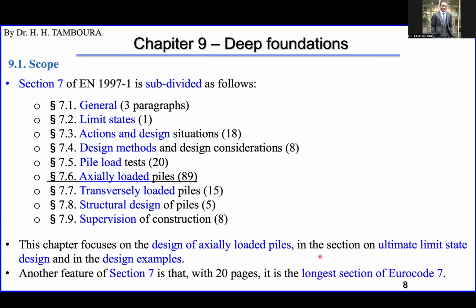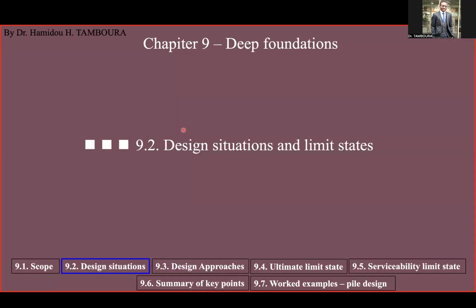This one, the longest subsection with 20 pages and 89 paragraphs, is the longest section of Eurocode 7, section 7.